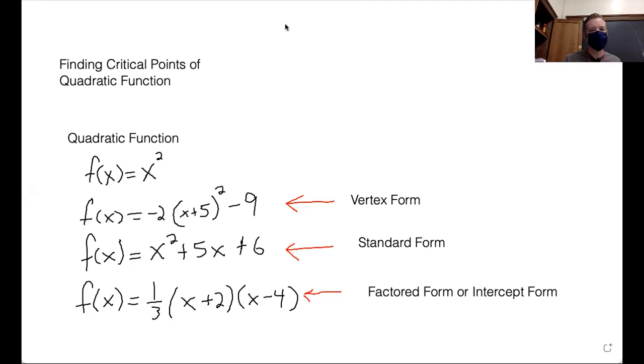Let's start looking at what the critical points actually are. So the first critical point, and probably the single most important one, is called the vertex. Now, the vertex is either going to be the highest point on the graph or the lowest point on the graph, but it's going to be where the graph changes directions.